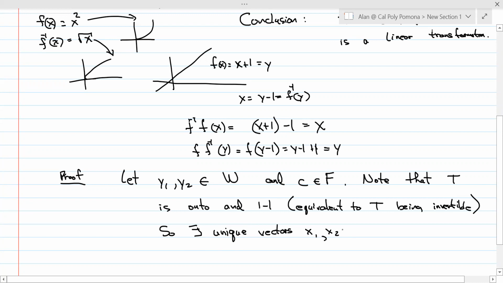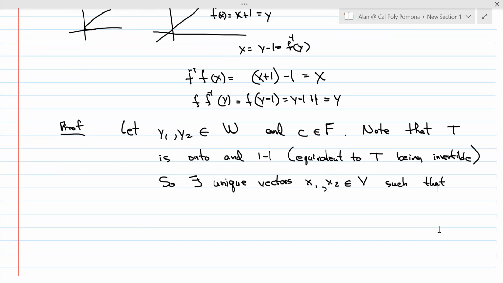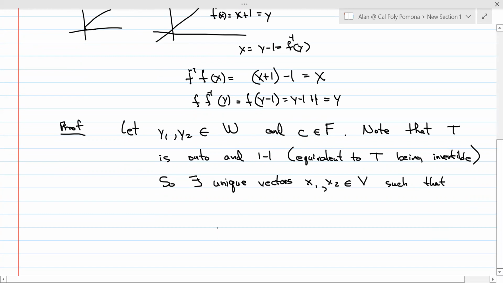And the unique vectors are in V such that T of x1 is y1, and T of x2 is y2.